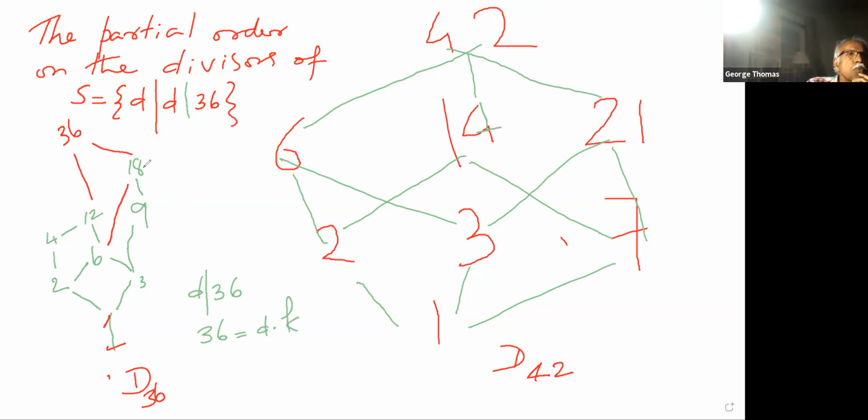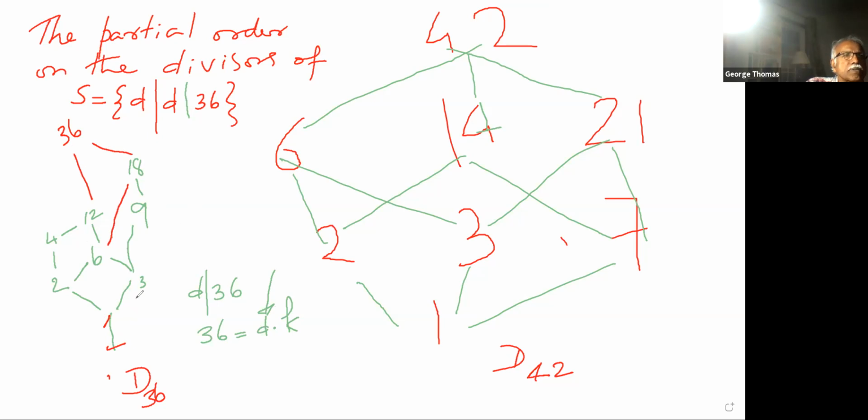So 1 divides 36, 2 divides 36, 3 divides 36, and so on. So these are the integers that are the divisors of 36.